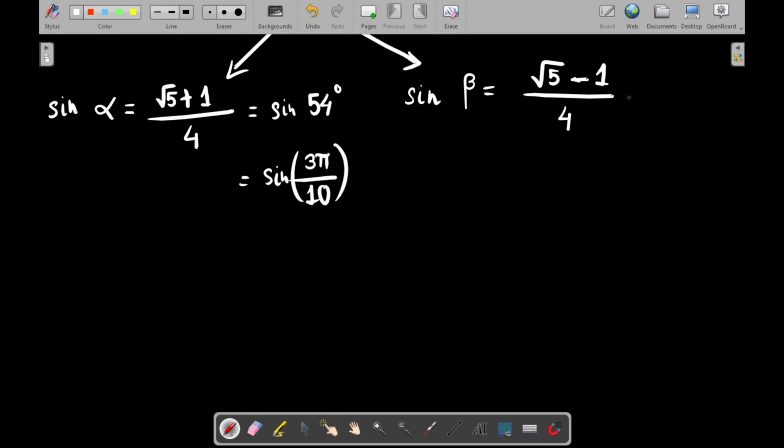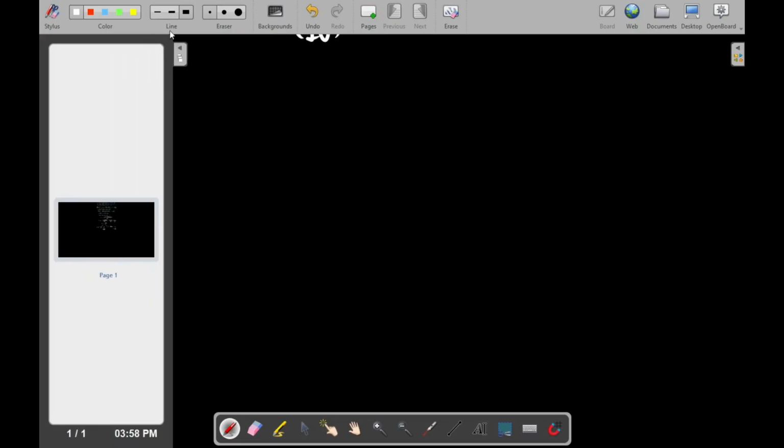And similarly, this value is actually sine of 18 degrees, which means pi upon 10. So these are the two acute angles. If you want their derivation, I can show you.